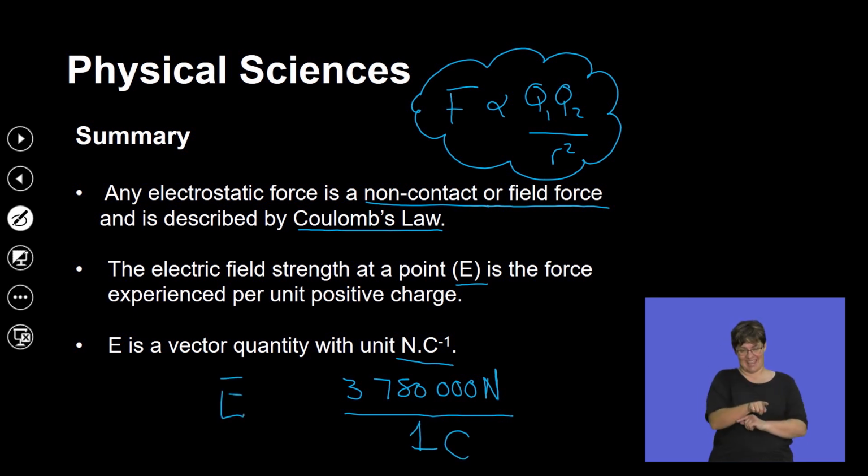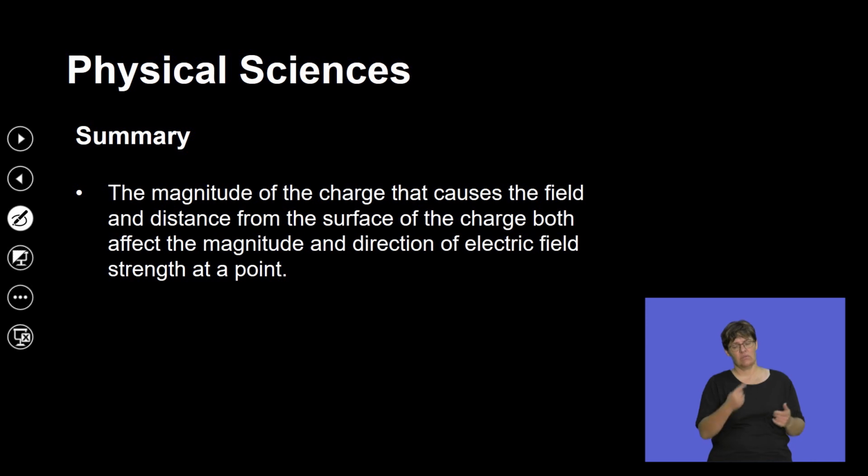That's the E, and this is actually towards Q1. So this is the magnitude as we would break it down, and this is the direction. And then we're saying that the magnitude of the charge that causes the field and the distance, this has to do with the big questions that we asked ourselves.